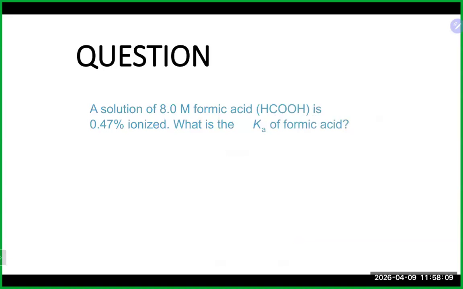A solution of 8 molar formic acid is 0.47% ionized. In this case, we're looking for the Ka value of this acid. One thing we do know is that, since we're looking for a Ka value, it definitely is a weak acid. So we can take our weak acid and show it dissociating.